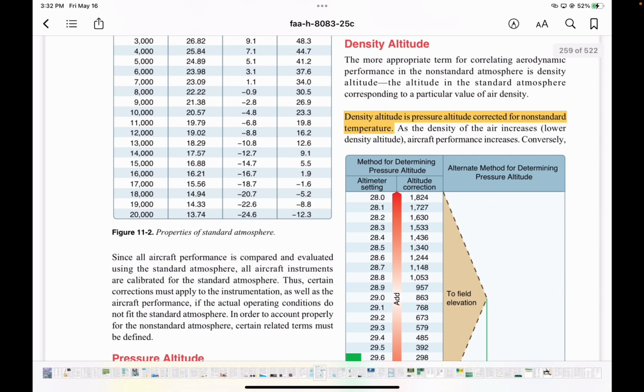So when I say the density altitude is the altitude the airplane thinks it's at, it means the airplane will perform as if it was at 3,000 feet, even if you are actually just at 1,000 feet field elevation. So when you do your calculations to figure out your ground roll, how much runway you need to take off and land, you need to use your density altitude, not your field elevation.